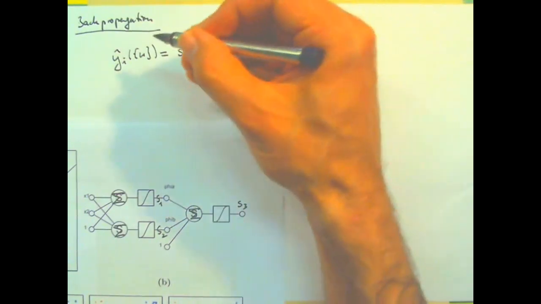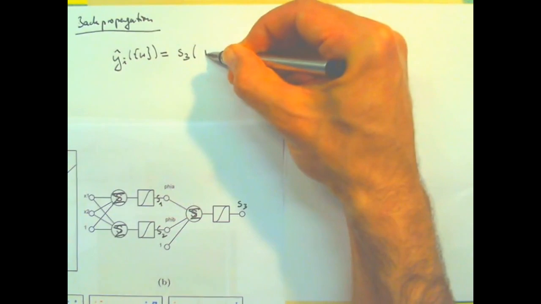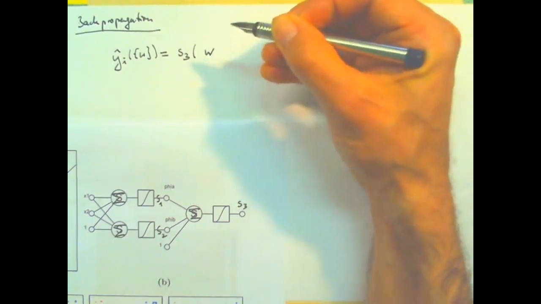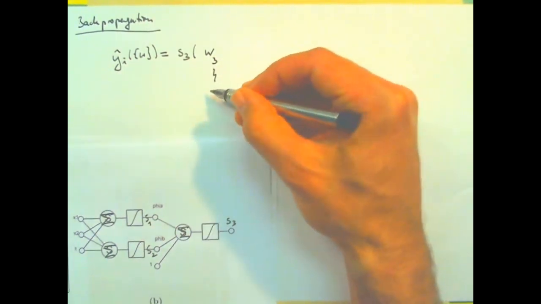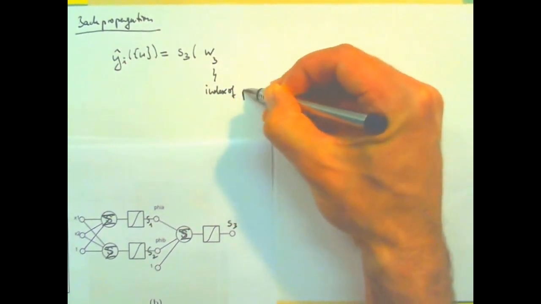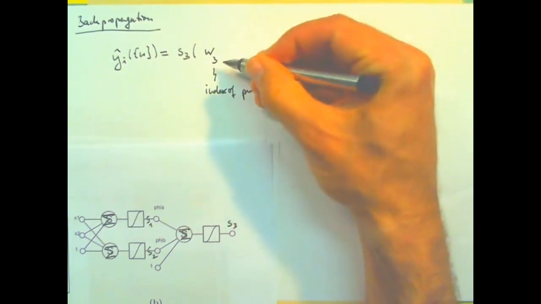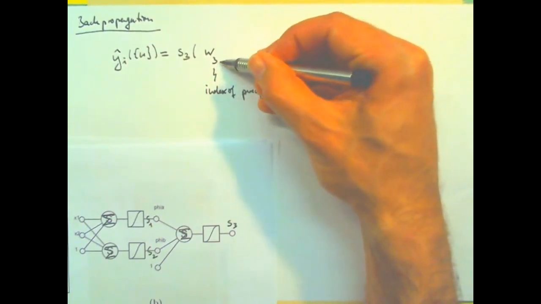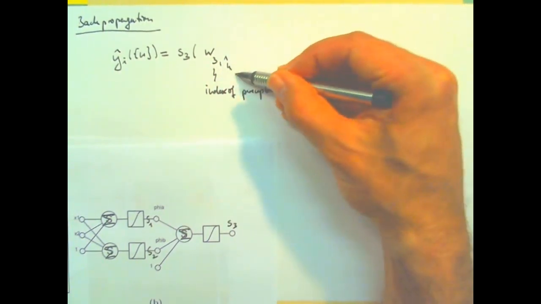So I'm now using, let's say, the first subscript as the index of the perceptron, and the second index would be the coefficient of the vector that I'm looking at.